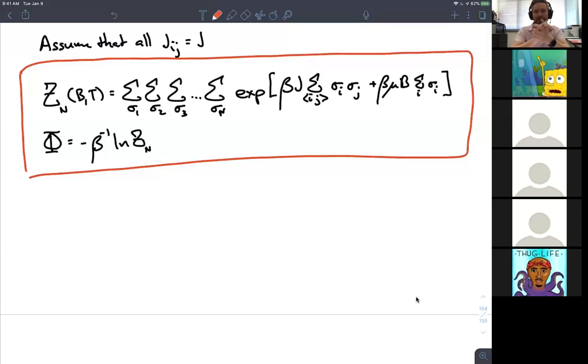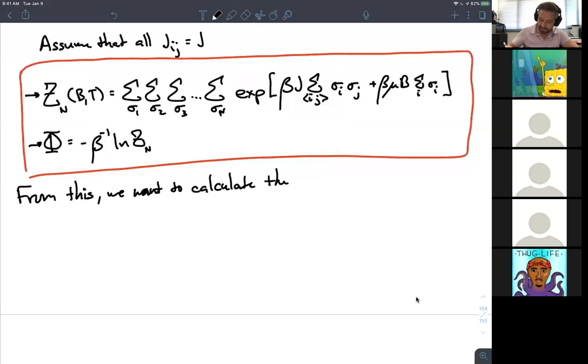Now again, what we're trying to explain here is magnets. And so the average that we're going to want to calculate from this, and by this I mean the partition function and the free energy, is what is referred to as the magnetization. So from this we want to calculate what's called the magnetization.